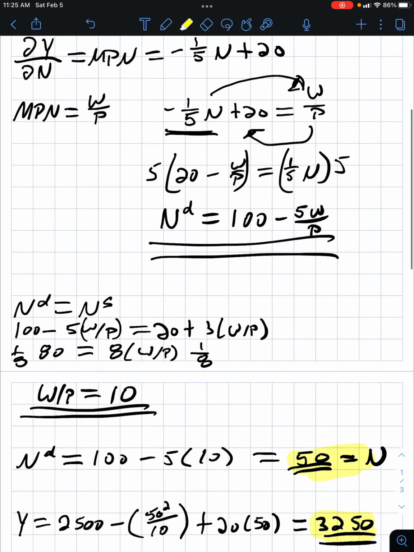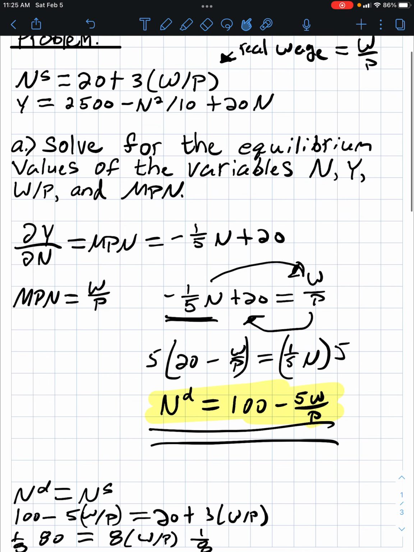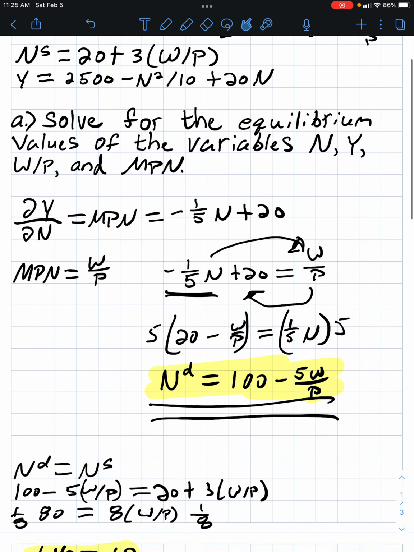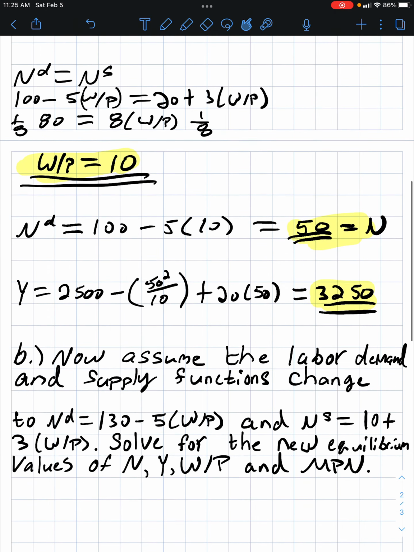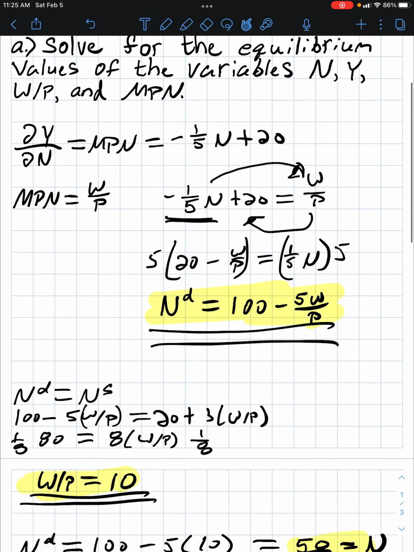Our equilibrium of n is going to be 50. Our real wage, or w over p, is going to be 10. Our demand function is 100 minus 5 w over p. And that in our MPN, yes, we need to find our MPN value. So let's just do this.